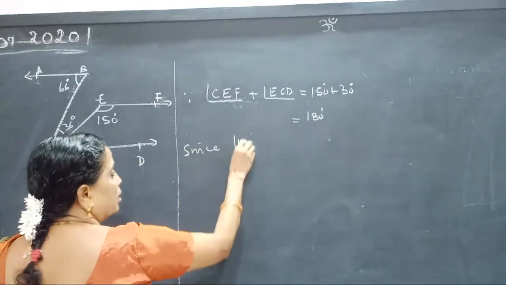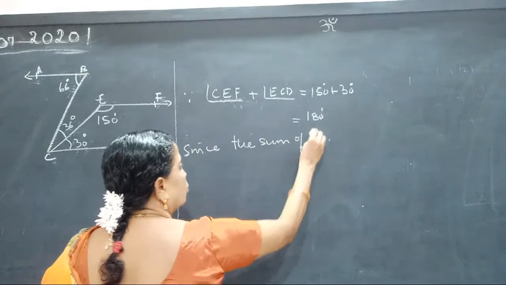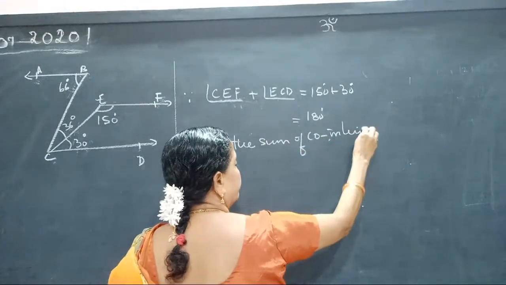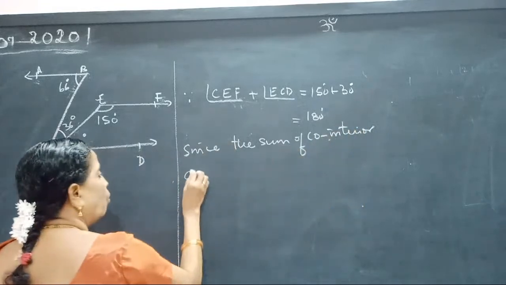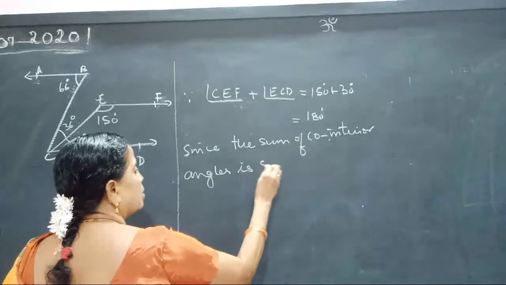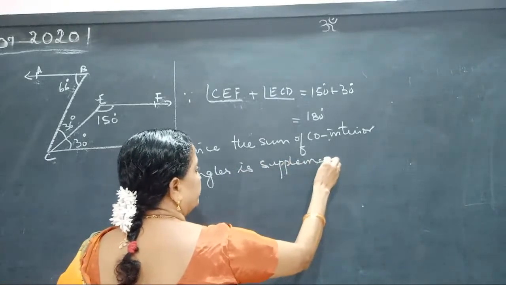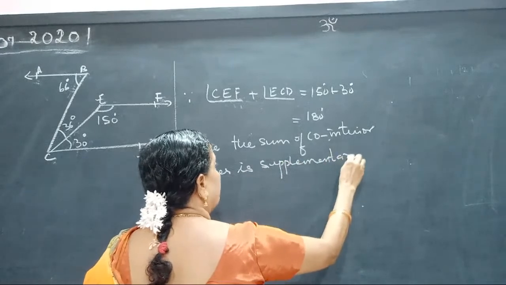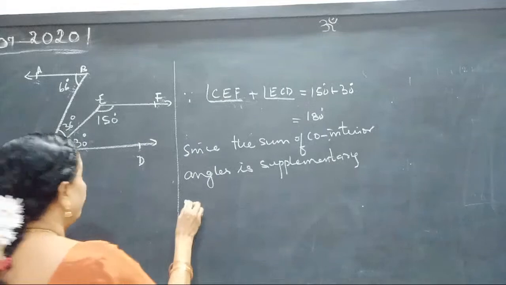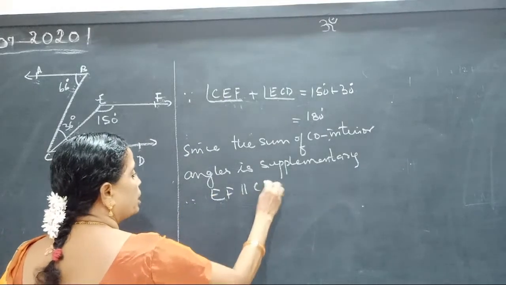Since the sum of co-interior angles is supplementary, that is, the sum is 180 degrees, therefore EF is parallel to CD.